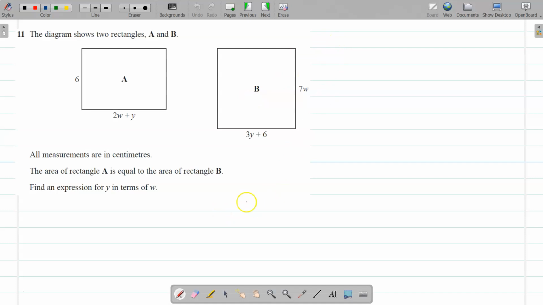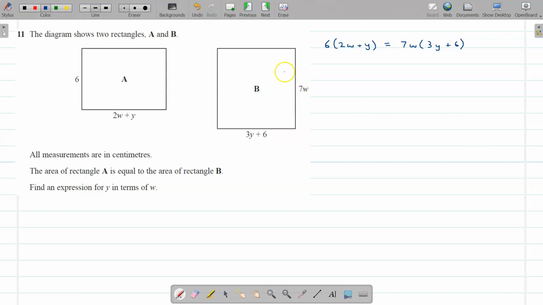So in other words, we know for sure that 6 times 2w plus y, so that's the area of rectangle A, must equal 7w times the 3y plus 6. Okay, because that's the length and width of rectangle B.